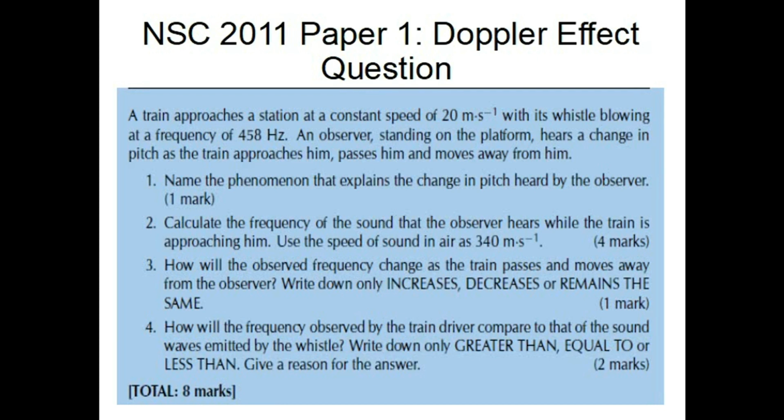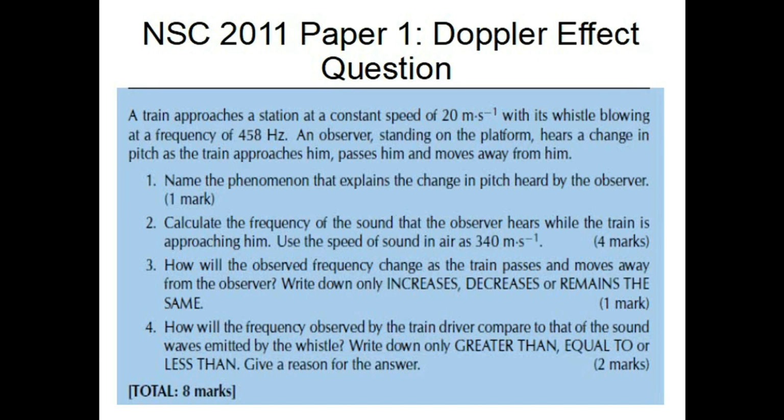An observer standing on the platform hears a change in pitch as the train approaches him, passes him, and moves away from him. Question 1: name the phenomenon that explains the change in pitch heard by the observer. Question 2: calculate the frequency of the sound that the observer hears while the train is approaching him. Use the speed of sound as 340 meters per second.